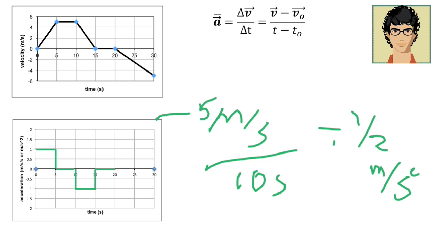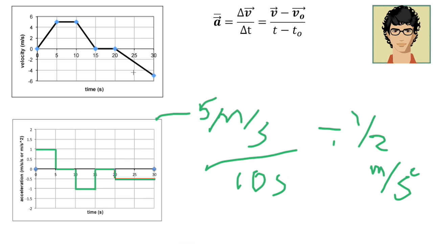So when we go back over here, what we'll notice is that for this whole interval where we have a negative velocity, we also are gaining speed in the negative direction. So this slope being negative means that we are gaining velocity, but in the negative direction.